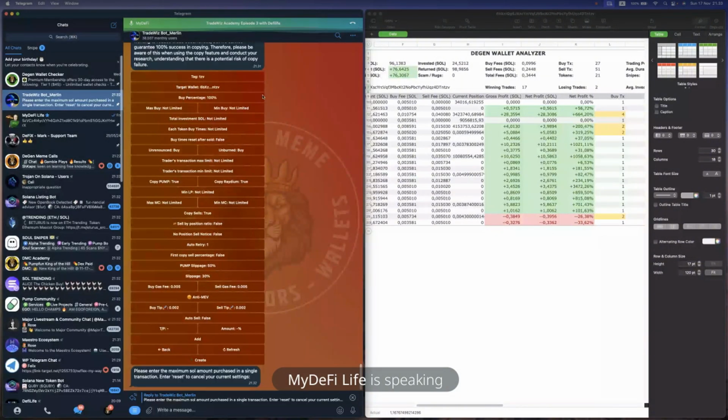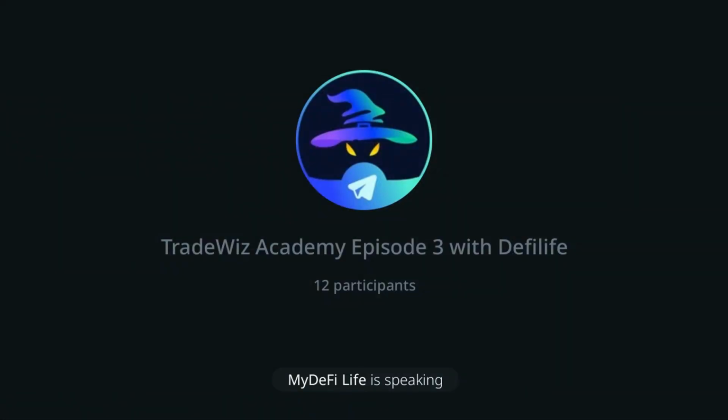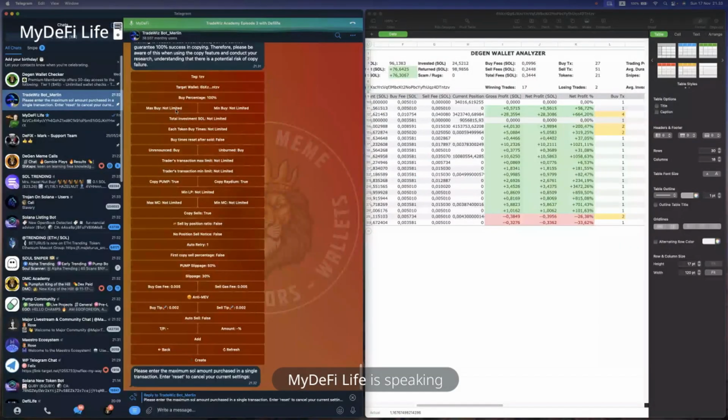It can be a little bit overwhelming for people. So personally, I stick between 0.15 and 0.25. If I find a really risky wallet that I want to experiment copy trading with, then I'll go 0.05.